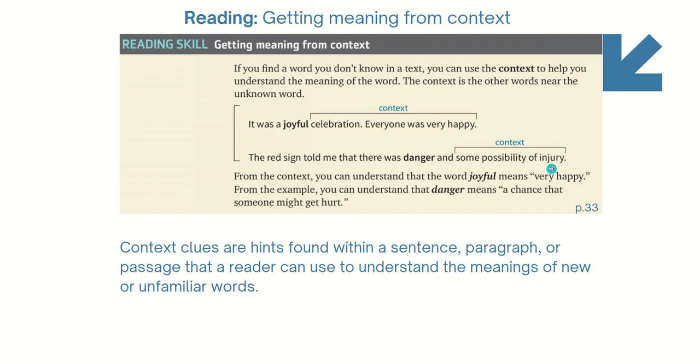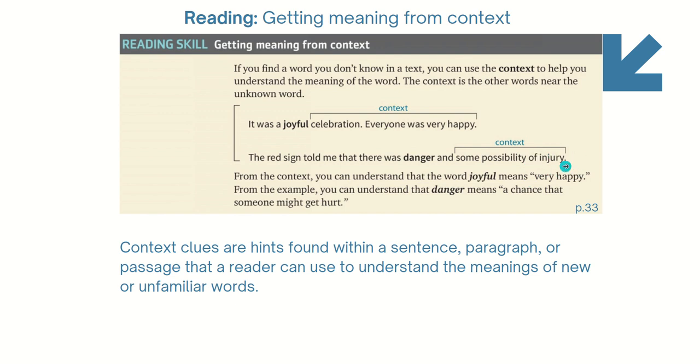You can see the importance of knowing vocabulary. Even though you don't know the meaning of danger, and also you don't know the meaning of injury, you cannot guess the meaning of the word. So a vocabulary bank is really necessary for you. So back to this sentence: the red sign told me that there was danger and some possibility of injury.